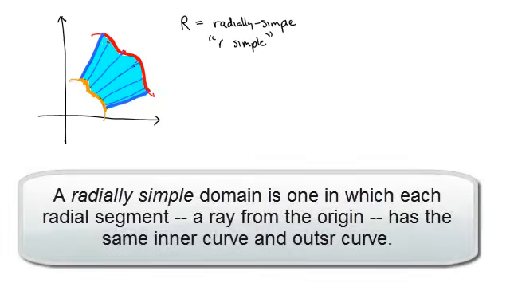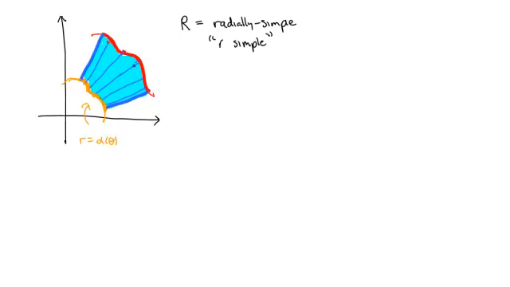And suppose we could write this inner curve right here in the form R equals alpha of theta. And we could write this outer curve in the form R equals beta of theta. Let's also say that this lower edge of this shape makes an angle of theta equals gamma. And the other edge of this shape makes an angle of theta equals delta.